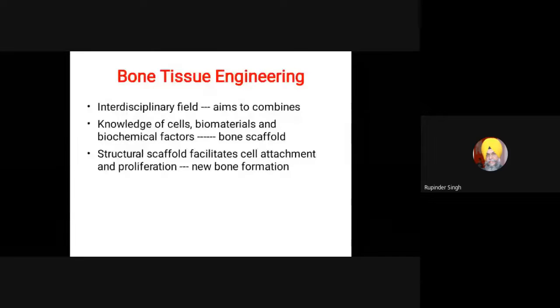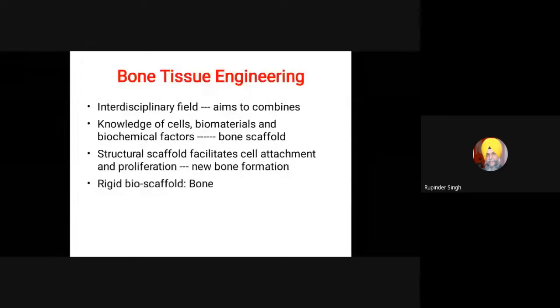The scaffold is a temporary arrangement to fill the gap, but later new bone formation has to take place. So it should be porous and of sufficient mechanical stability to provide mechanical support by the time new bone formation occurs.